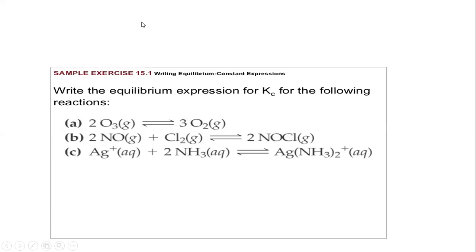You should all get involved. Who is speaking? Sir Michael. Okay. Kc is equal to oxygen squared raised to the power 3 over... It should be square bracket 2 first, right? 2 moles of oxygen.